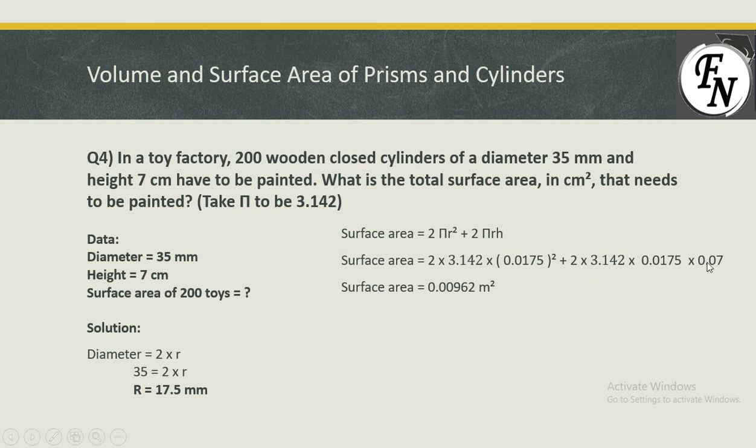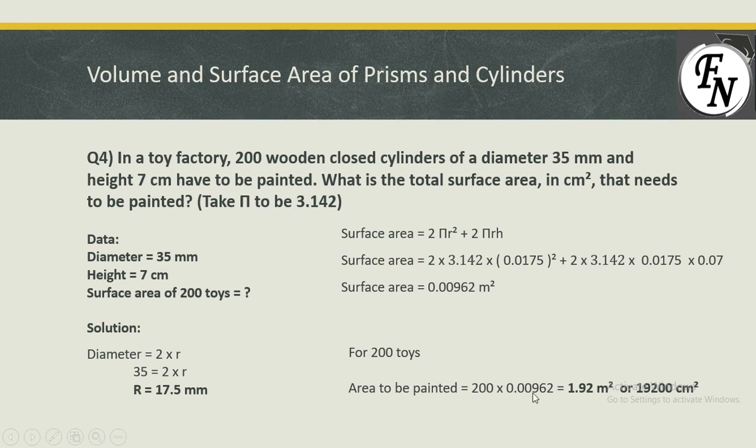Now we will use BODMAS. We will solve this first and this, and then we will add them to obtain our surface area as 0.00962 meters square. So now this is in meter square, and this is a single wooden cylinder which needs to be painted. When we talk about 200 toys, this surface area is multiplied by 200, because this is the value for 1, and we need to paint 200 wooden cylinders.